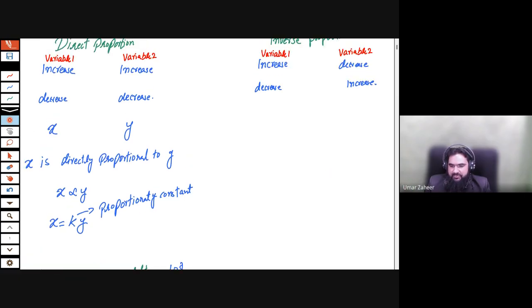And for example, if it is inverse proportion and you have variables x and y, and he says that x is inversely proportional to y, then it shows 1 over y instead of y.